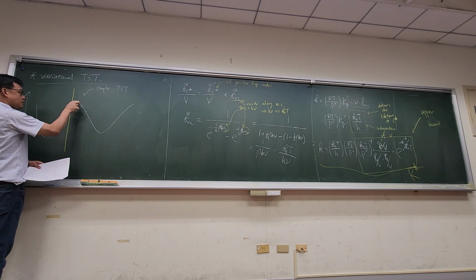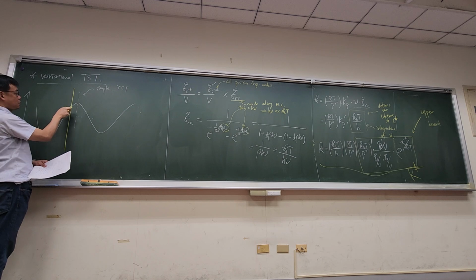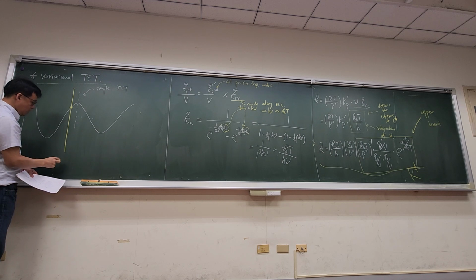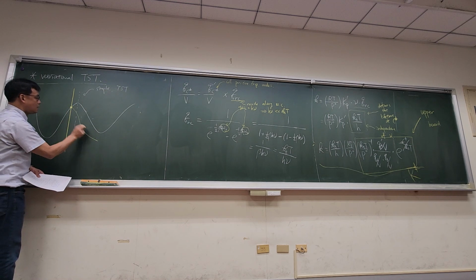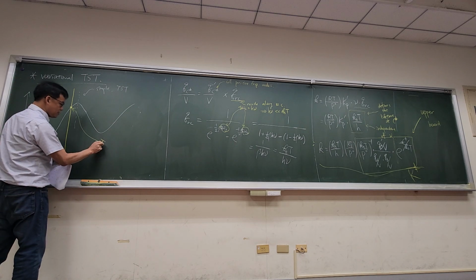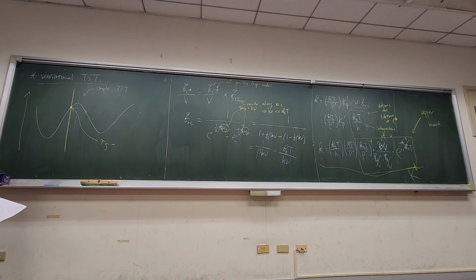So instead of using this as a transition state, you choose another point. When you choose this point as your transition state, I call it transition state prime, you can then go through everything.